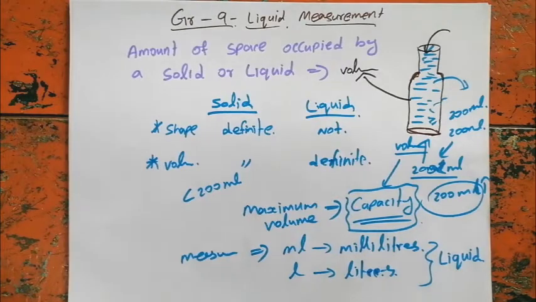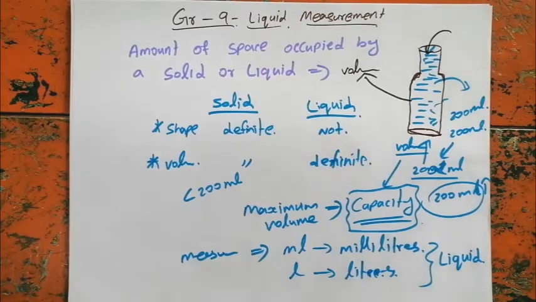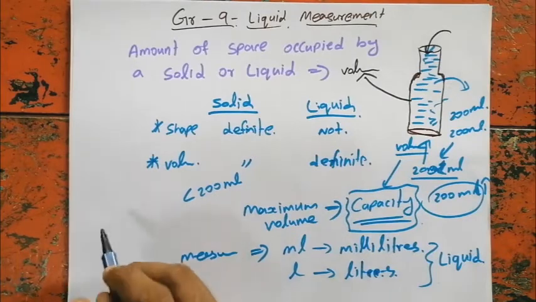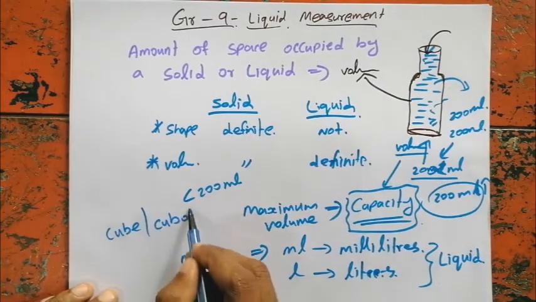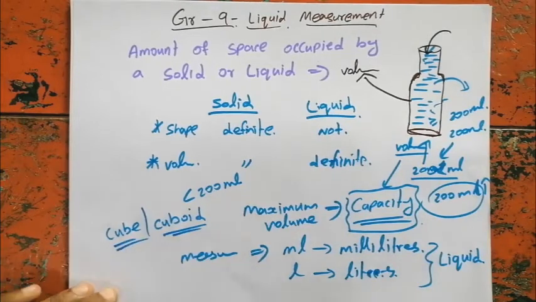Okay, what about solids? In which measurement are we going to measure the volume of solids? From grade 5 or grade 6 we have been studying two types of solids, namely cube and cuboid.